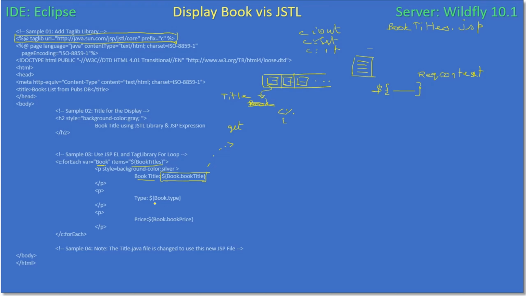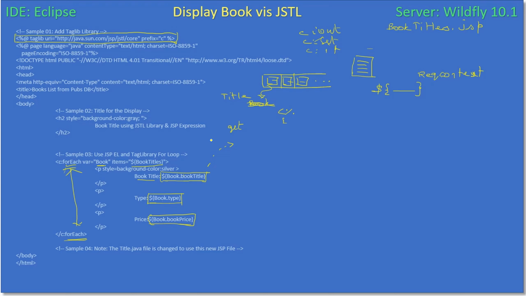Similarly, we are retrieving the book type, and you can see here we are just accessing the JSTL variable book inside our for each loop. One more thing to notice here is that this is the opening and closing tag for our for each, and here we are accessing the content using this notation: dollar curly braces and book dot book title property.